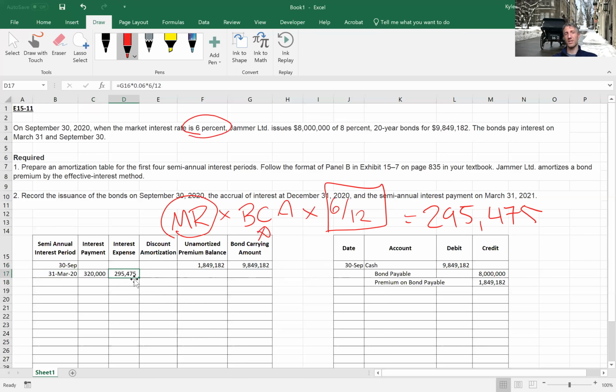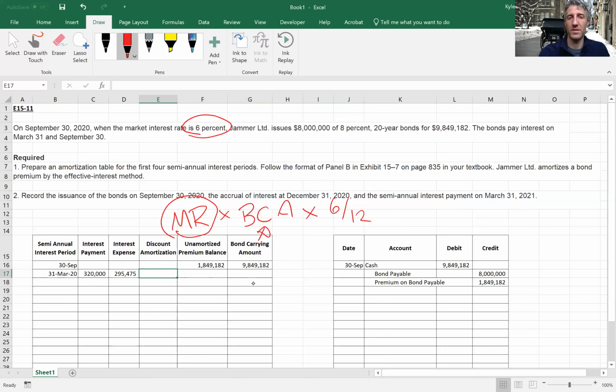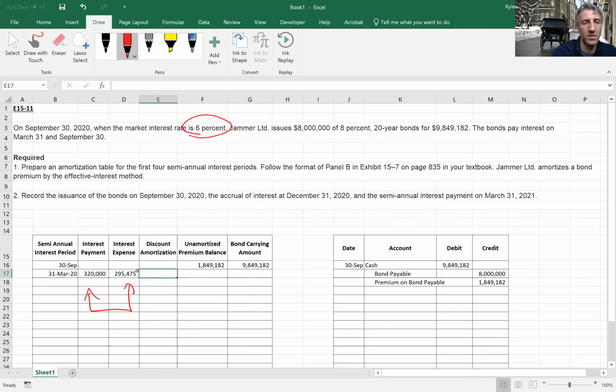Now, we're going to see in a minute that they need to make an accrual for a portion of that, but for purposes of the schedule, we can leave it at that. So let me just clean this up. Okay. Obviously now, these don't match.